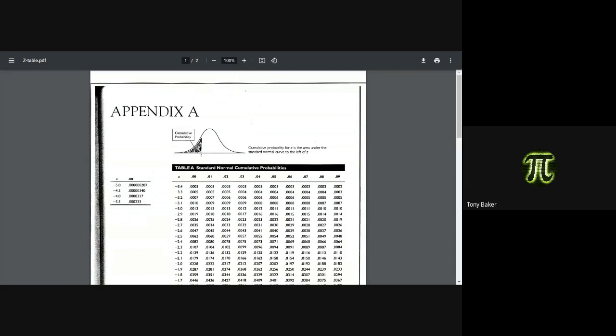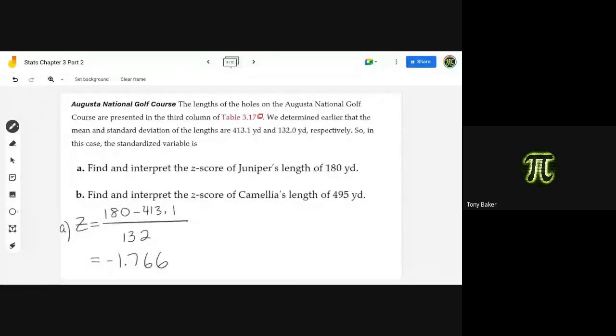All right. So find me the Z-score for, oh, sorry, let me go back. Switch screens. For the 495.